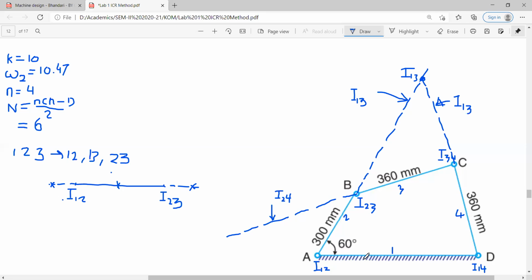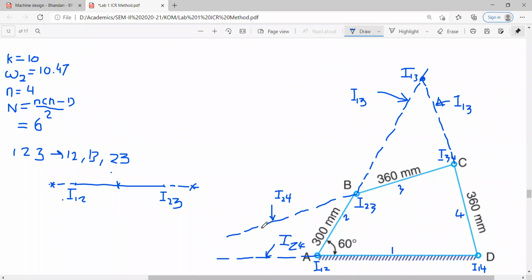पे। ओके, so what I will do, I will extend this line, line AD, like this. Okay, so why am I extending this line? In order to find out ICR 24.